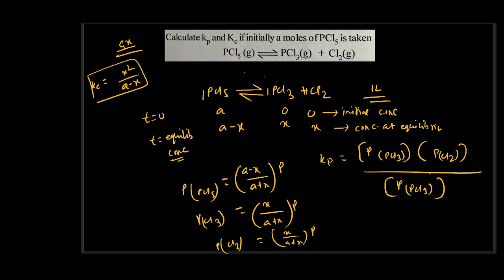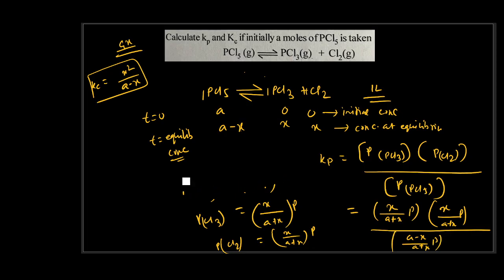So the partial pressure of PCl3 is X by A plus X into P, Cl2 is X by A plus X into P, and the reactant is A minus X by A plus X into P.